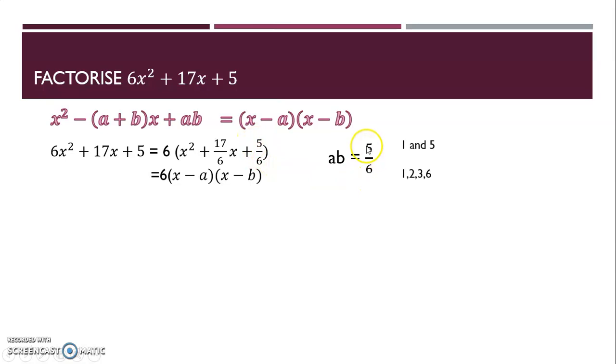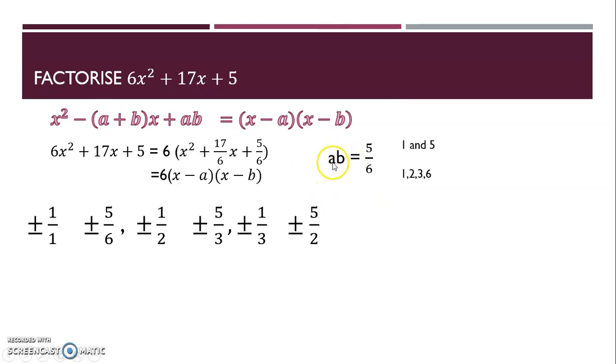So the factors of 5 are 1 and 5. The factors of 6 are 1, 2, 3 and 6. So the possible combinations of a and b are: I can take 1/1 and 5/6, or I can take −1/1 and −5/6. I am using a combination of all these numbers.